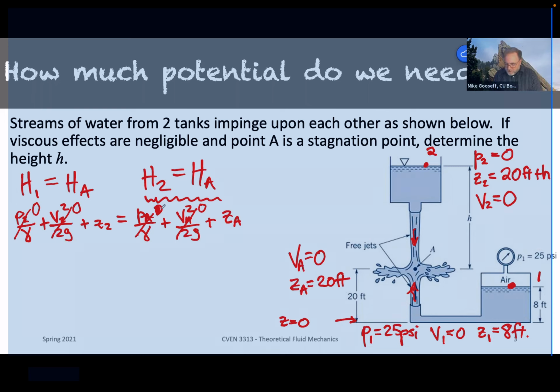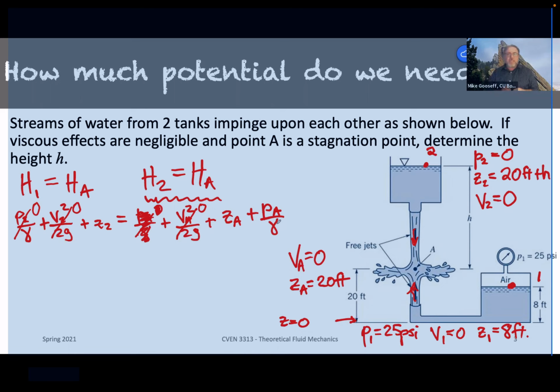So our pressure head still is included here. Just to be clear, I'm going to scratch this out and add it to the end, PA over gamma. And the reason for this is that we have these two streams that are meeting and then deflecting off of each other, but essentially there's still a pressure head of water coming down vertically from above.